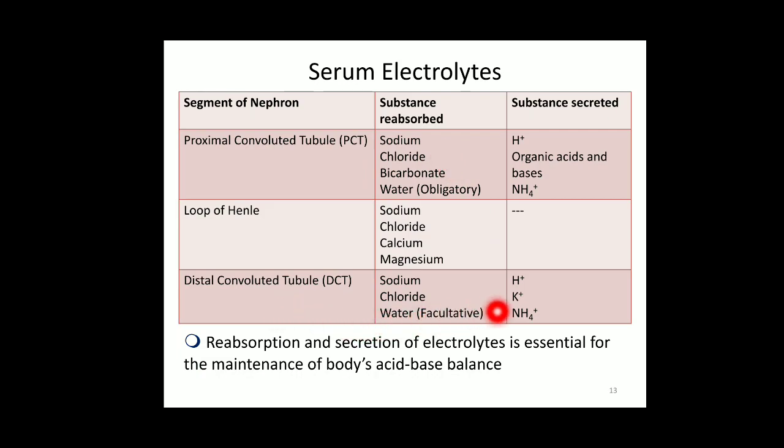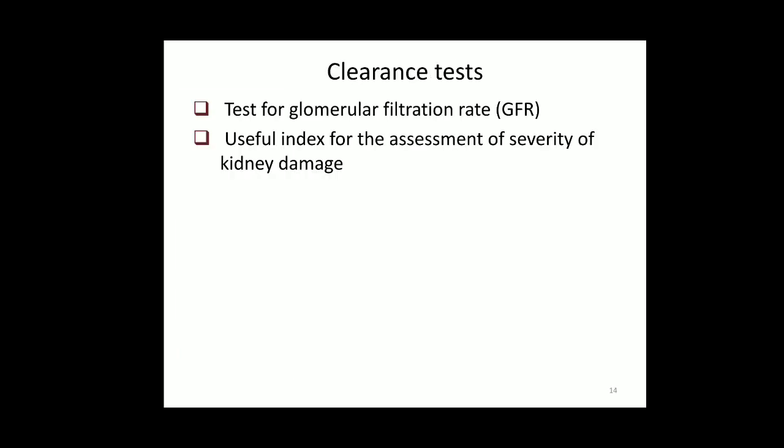Reabsorption and secretion of electrolytes is essential for the maintenance of acid base balance. By analyzing the electrolytes, we will come to know if the reabsorption is going on smoothly, if it is working normally or not.